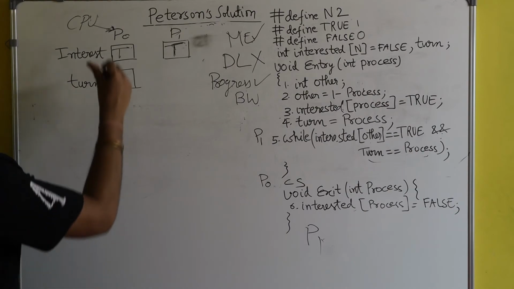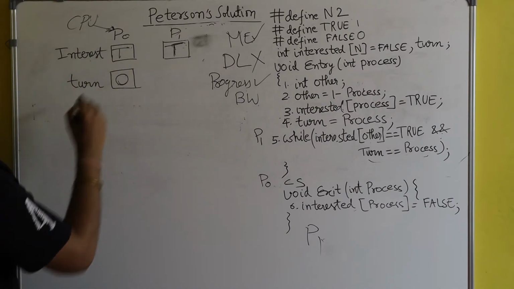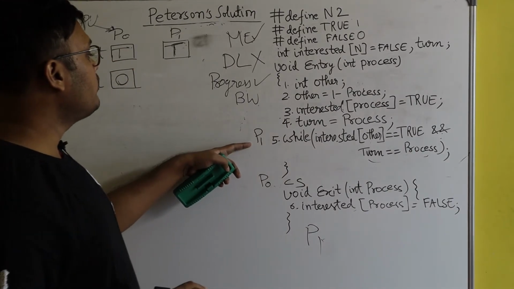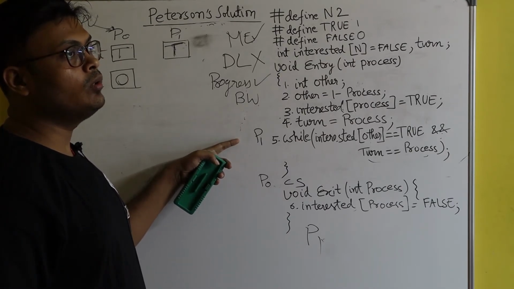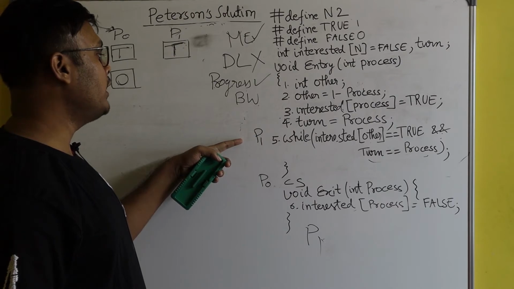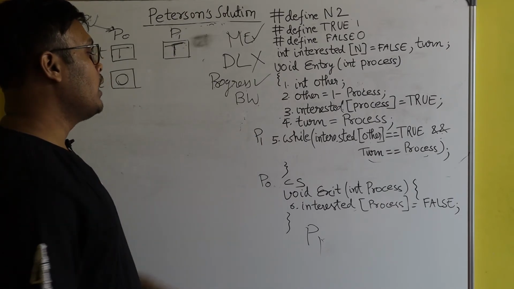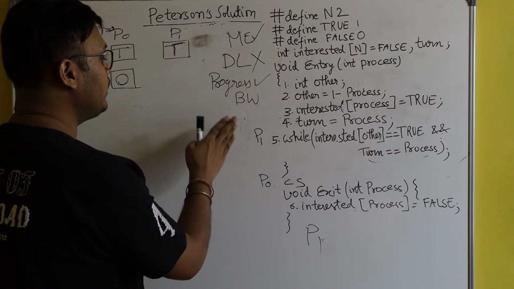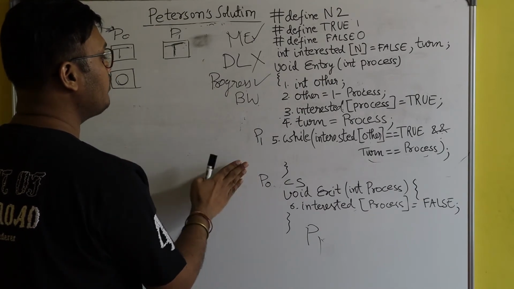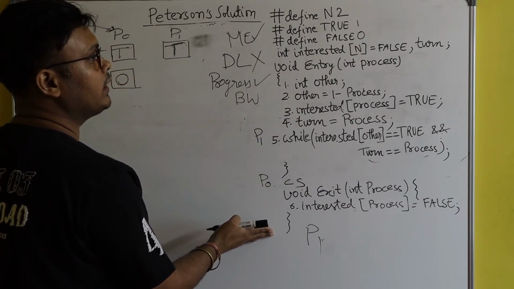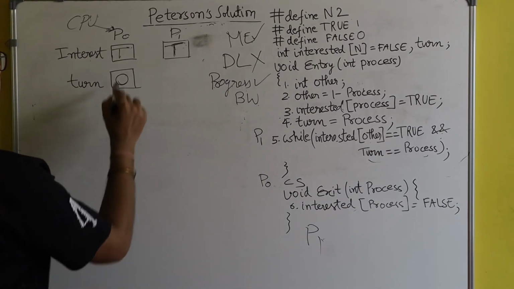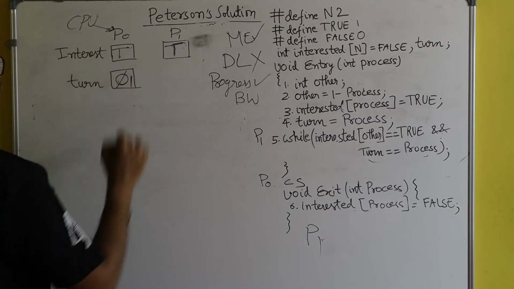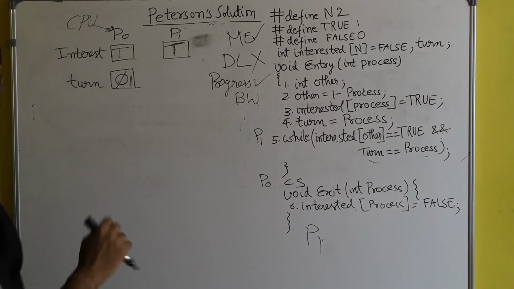And P1 is waiting, which means process P1 might have set the turn value last. That's why it is waiting. Last means after process P0 set the turn value, process P1 set the turn value. So the latest value of turn is 1.